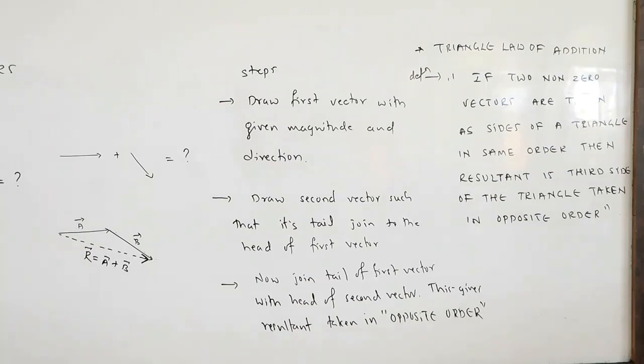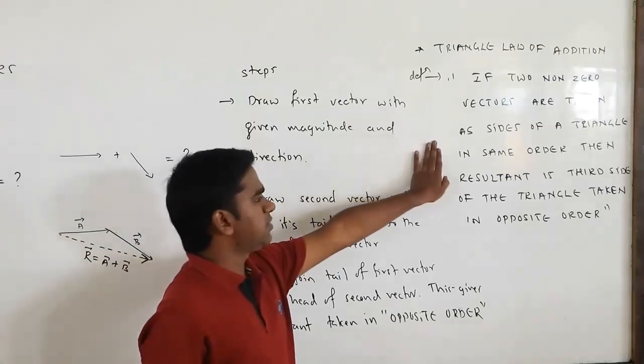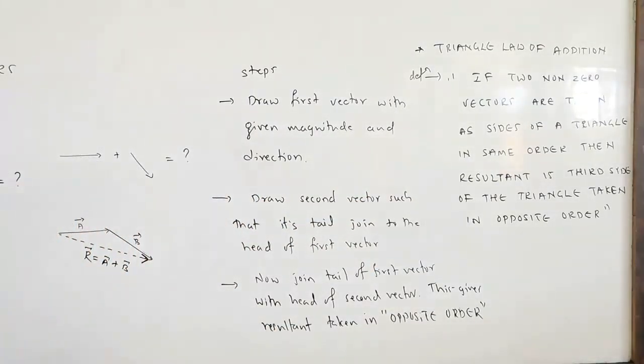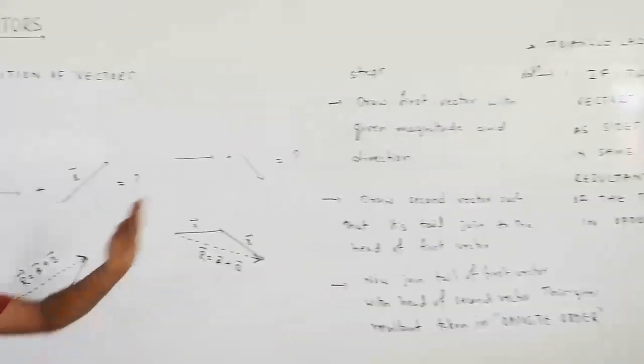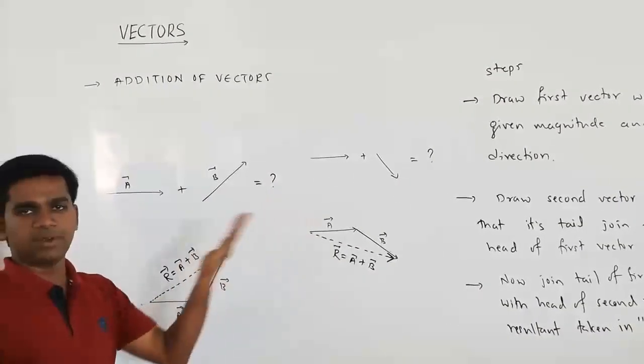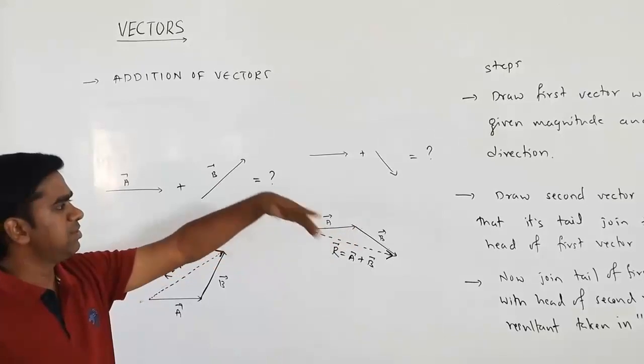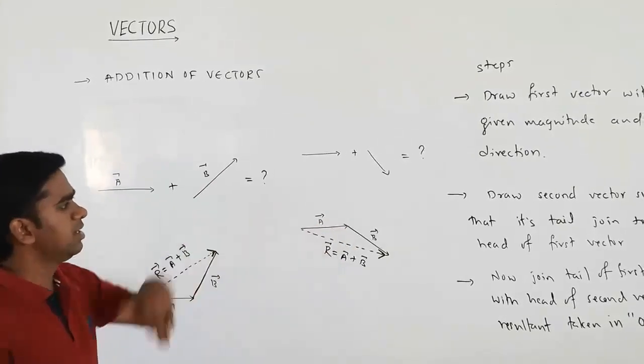to state and explain the triangle of addition. If they ask you to state and explain the triangle of addition, write this definition, then give any one example. Then if you want, you can write these steps. First write the definition, then give the example, then write the steps.